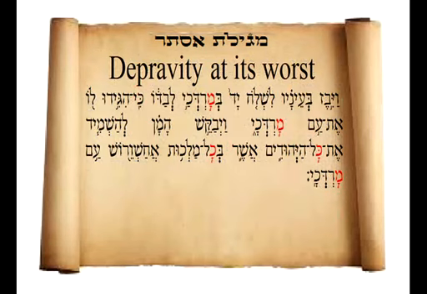And now we learn about depravity at its worst. We begin with the word vayivez be'enav, and it was despised in his eyes, or it looked bad to go and to attack Mordecai by himself, because Mordecai had said who his nationality was, who his people were.